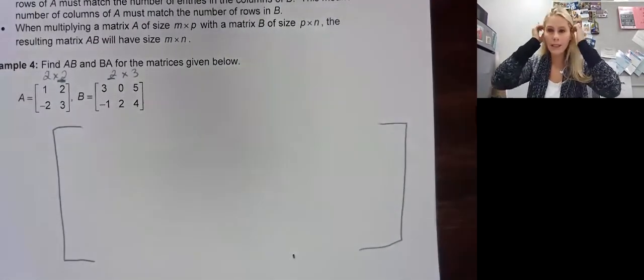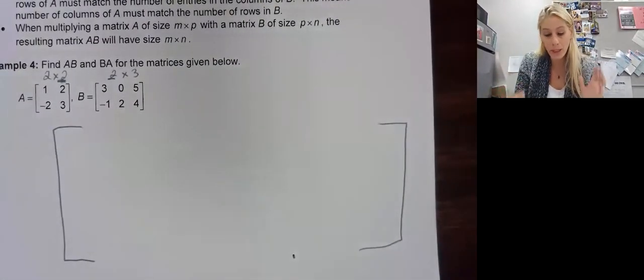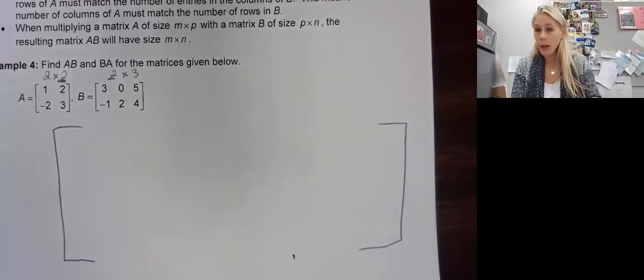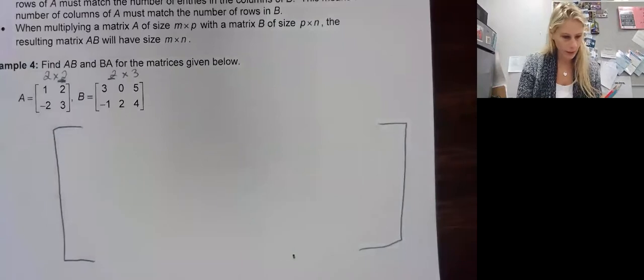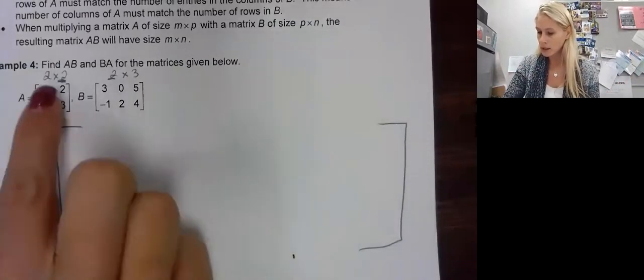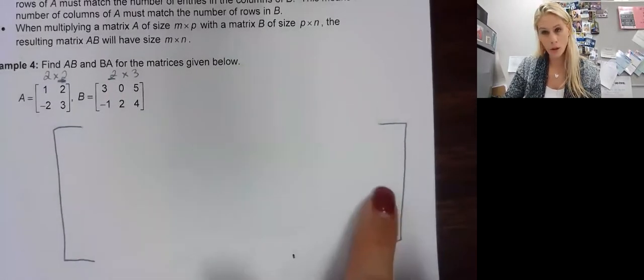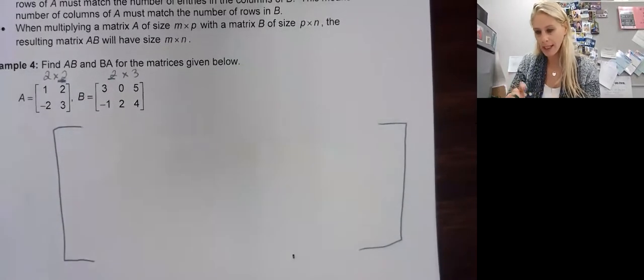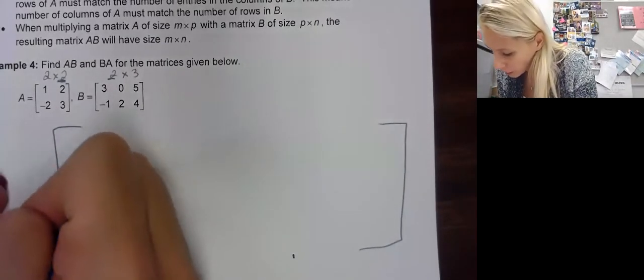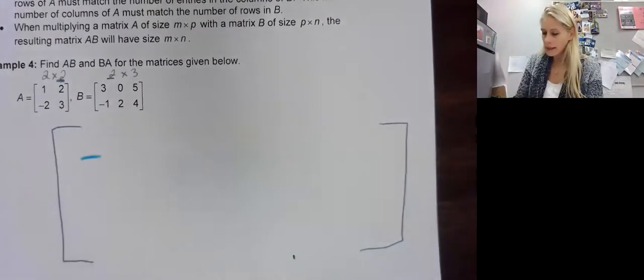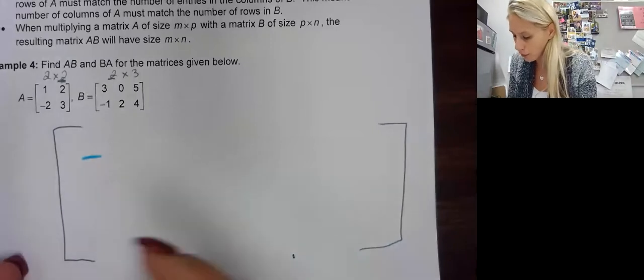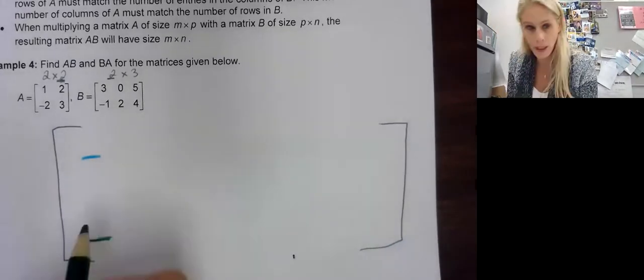Are you always going to have to make it this super big? No. So what I did, well, I paused the video. You didn't see that. I have 6 colors because a 2 by 3 means I'm going to have 2 rows with 3 columns, so 6 elements. What I am going to do is color code this so you can see my movements.